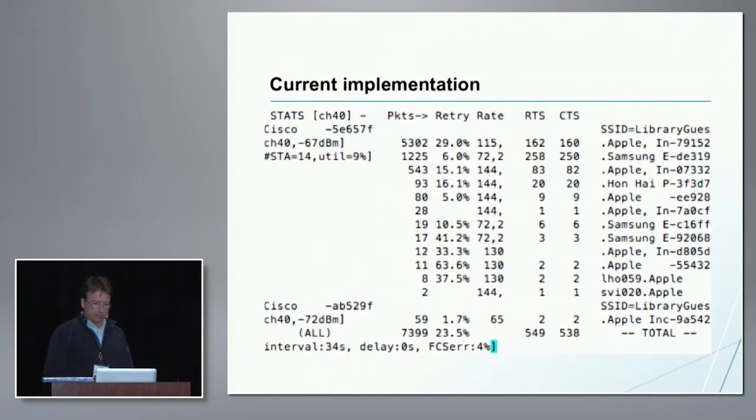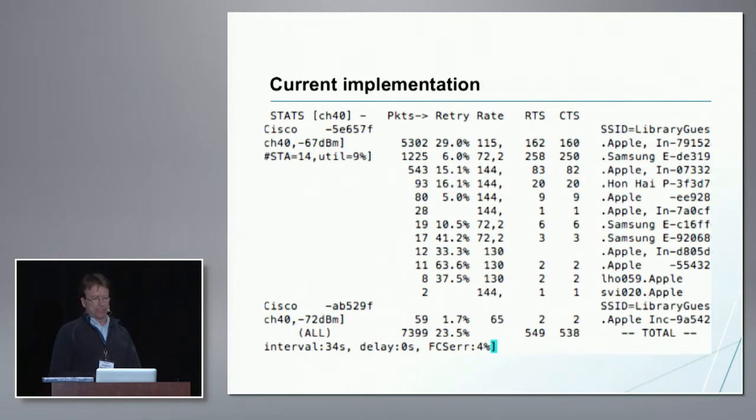And this is more or less how it looks now, although I've cut away all the traffic from the clients to the access points just to not crowd the image. With relation to the previous slide, you can also see at the bottom a percentage of frame check errors, which mostly says something about the validity of the other numbers.